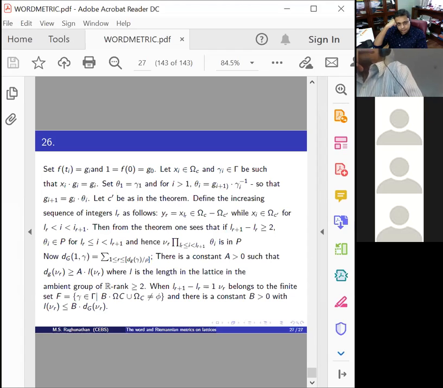And the second part, because it's Q rank 1, in some sense you can separate the cusps. So separate, say, the horoball. So you are decomposing your path.